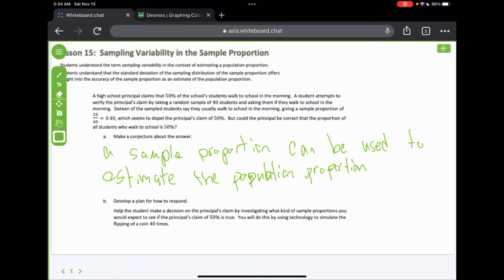So yes, he could be correct. The principal could still be correct, right?